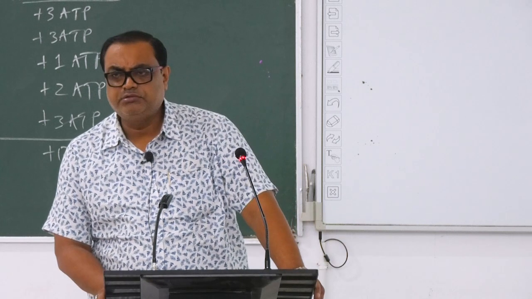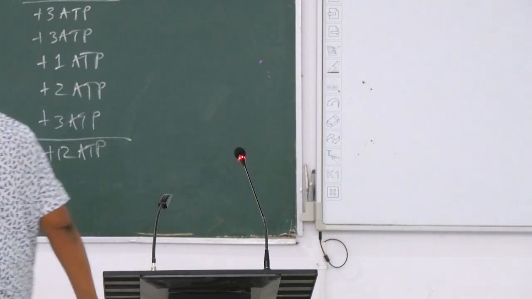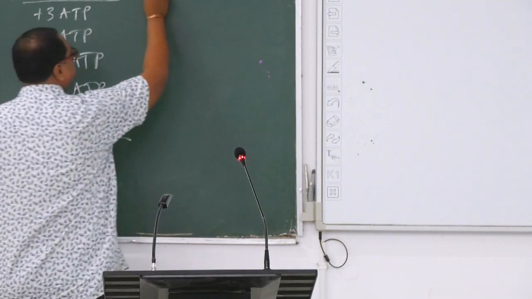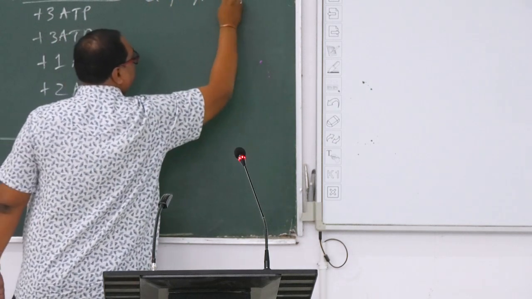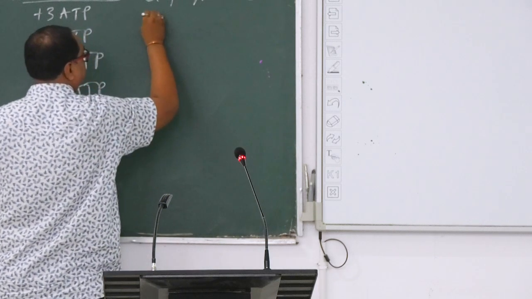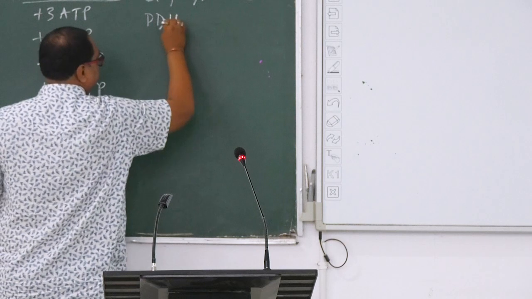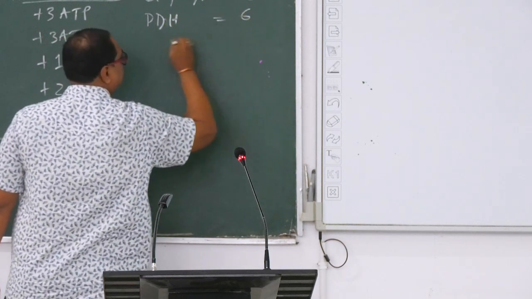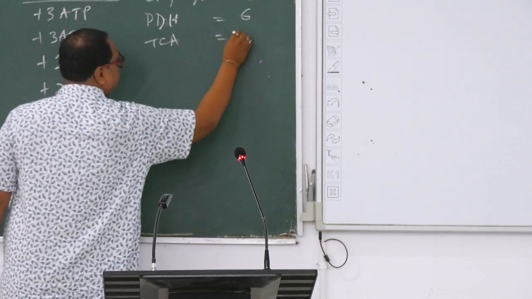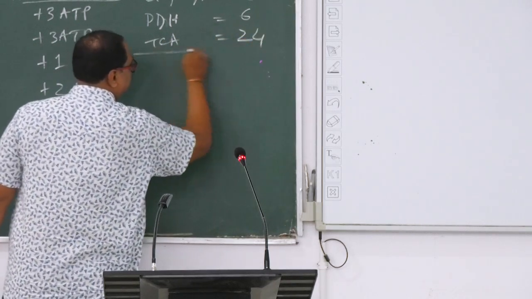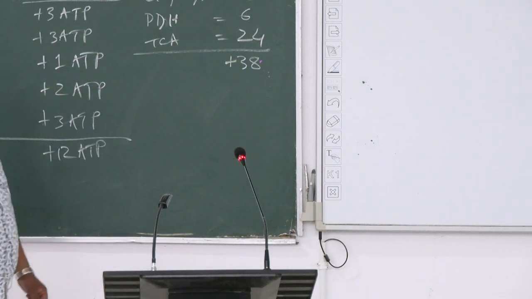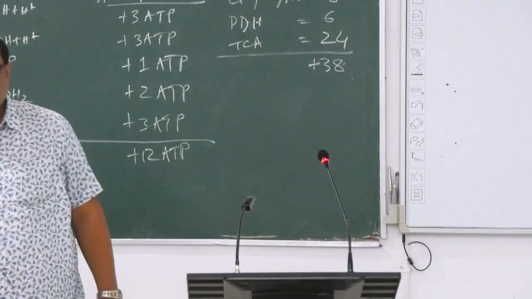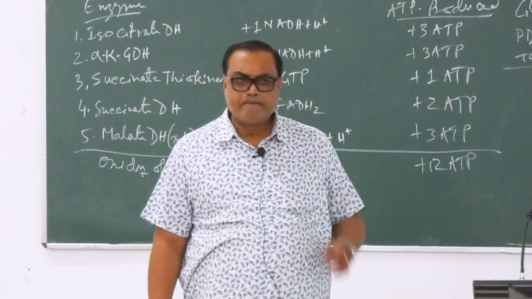So altogether it comes around 38. Am I right? This is the overall calculation of the number of ATPs, correct?